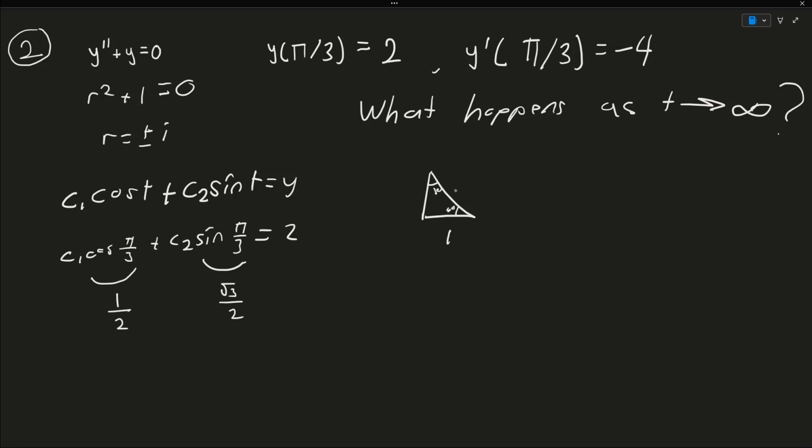This side will be 1, this will be 2, and this will be root 3 from the properties of this triangle. So for cosine of 60 degrees, we get the adjacent side over the hypotenuse, and for sine we get the opposite divided by the hypotenuse.